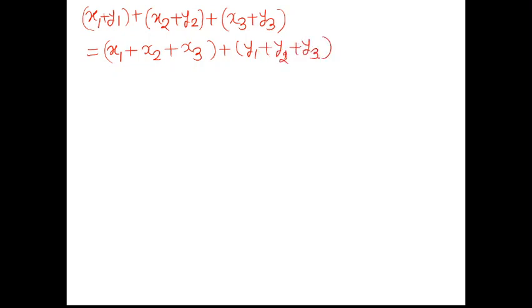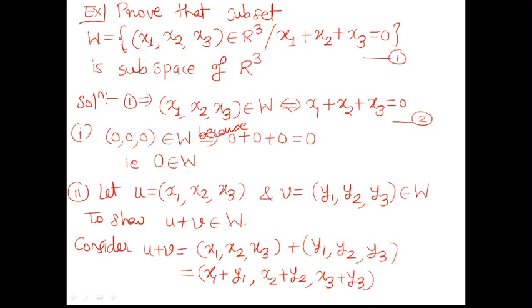Now you can see that u is x1, x2, x3 and v is y1, y2, y3. As these are elements of W, x1 plus x2 plus x3 must be 0 because of the definition of W, equation 2. Again, v is an element of W, so the addition of all three elements of the triplet must be 0.